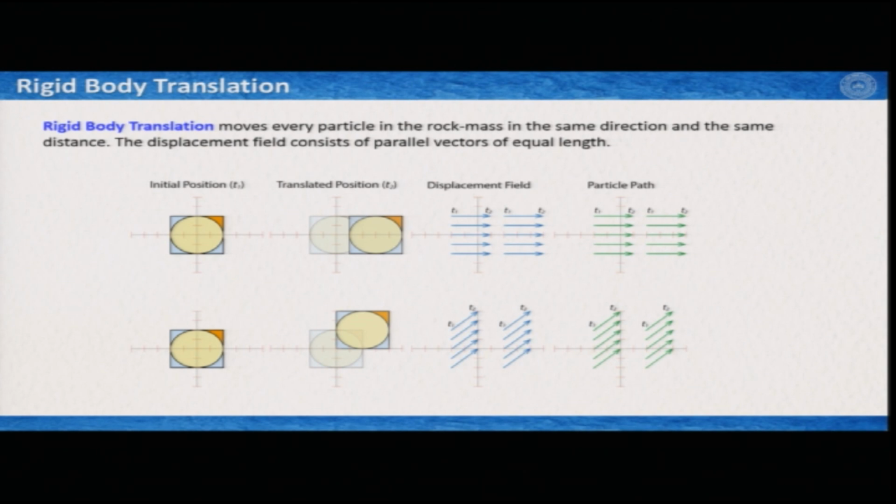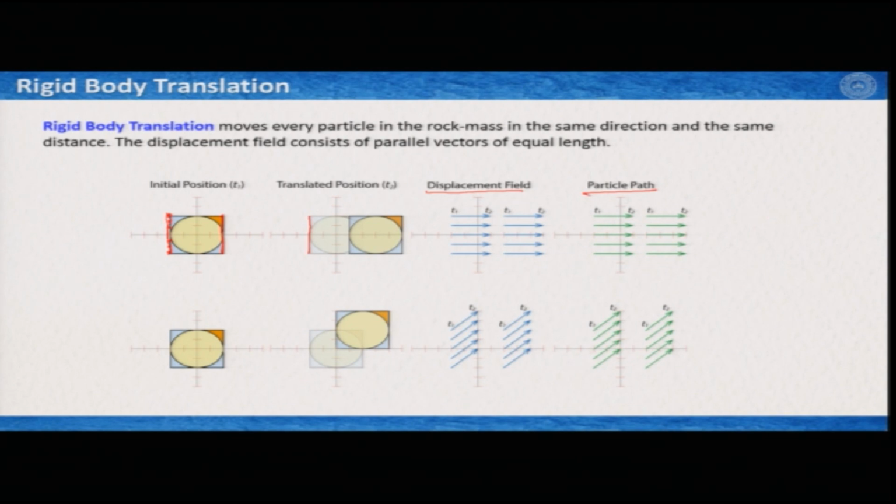Now, in the next 2 columns, the first one is the displacement field and the second one is the particle path. I have considered, let me show it here, these 2 sides of this form, and then due to translation I have taken some points here, and how these points moved with respect to the reference frame.